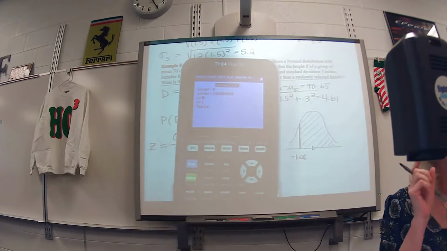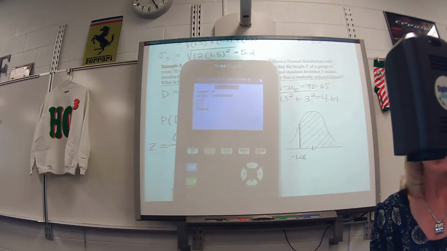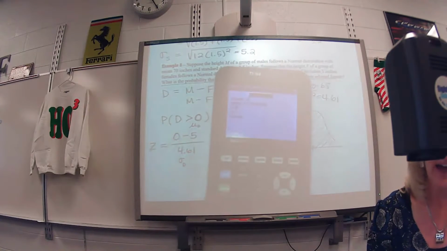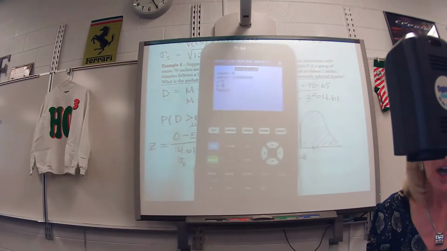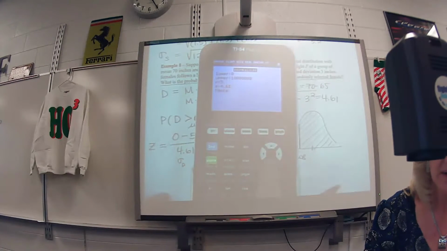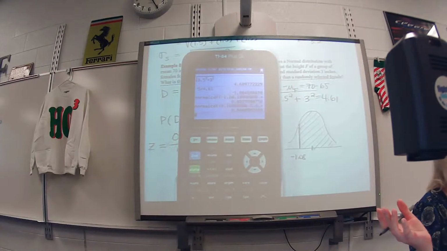In your head, you just have to know that you have not converted to z-scores. So you could use the mean of 5 and the standard deviation of 4.61, and you can get about the same answer. Okay?